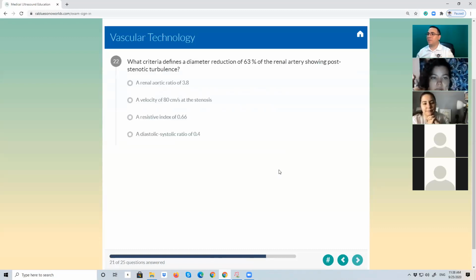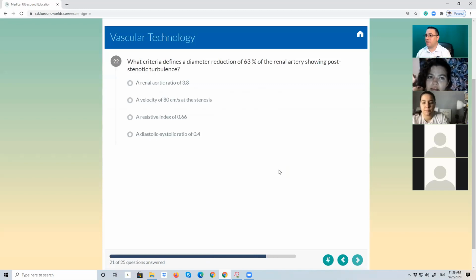So 22. What criteria defines a diameter reduction of 63% of the renal artery showing post-stenotic turbulence? How are you supposed to figure this one out?